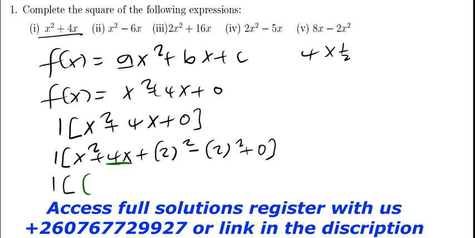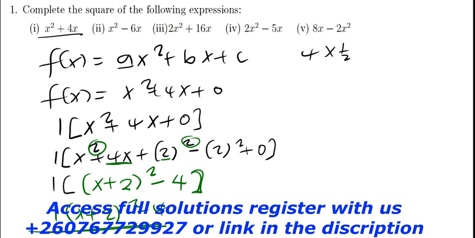Then I'll say open bracket x plus 2, and since this is squared, we just put a square here. Then minus 2 to the power of 2 is 4. Now I multiply everything by 1, it will be 1 times (x plus 2) squared minus 4. So using the completing the square method, I have now expressed this. So this is the answer.